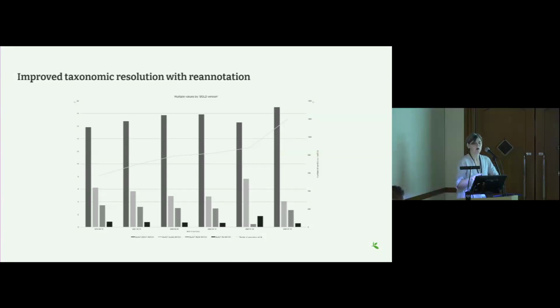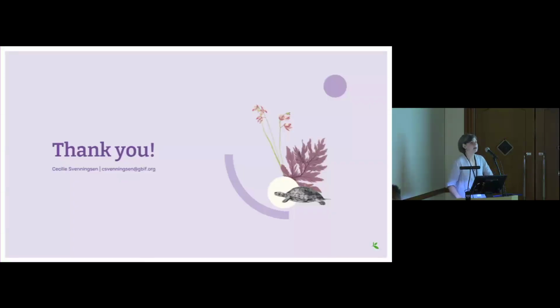It's how well they're matched. So the dark bar is the exact matches. So those are maybe the most interesting. And then you have a decreasing confidence in the matches. But overall, we see a trend that you can get a better match and better naming of your sequences if we do re-annotation. So with that, I want to stop.